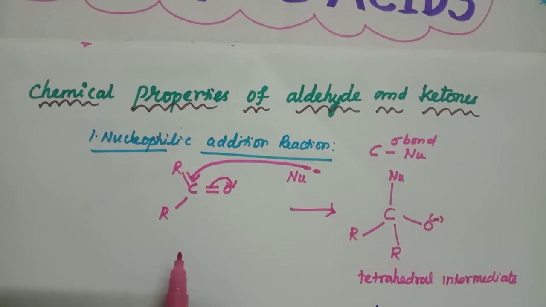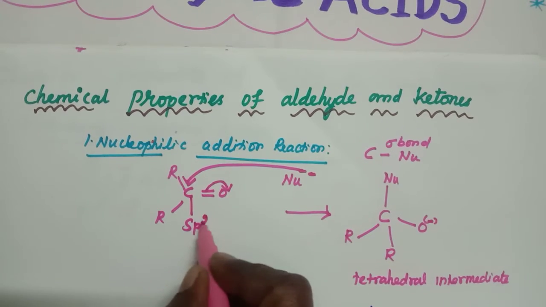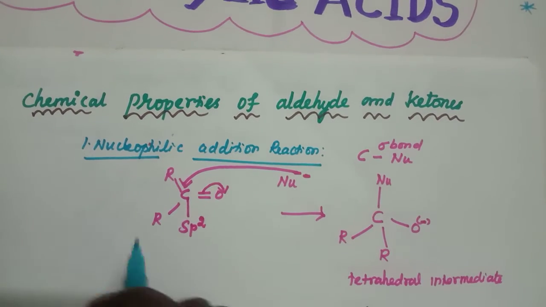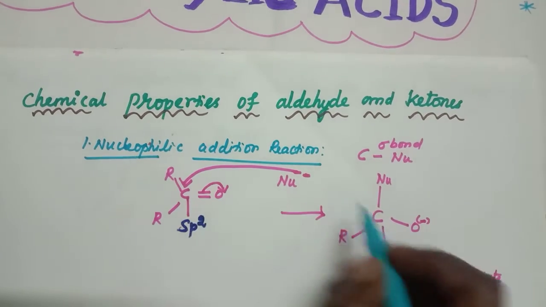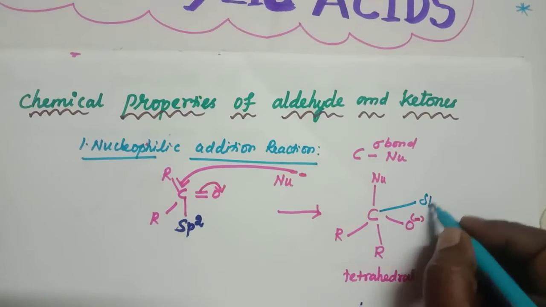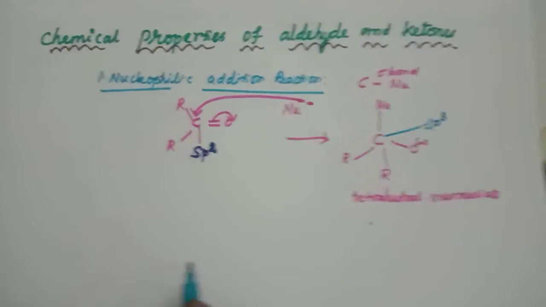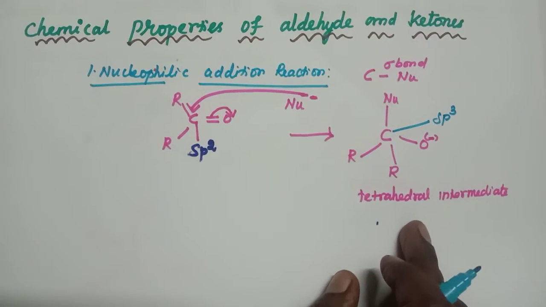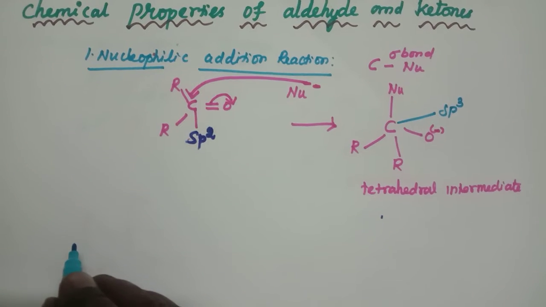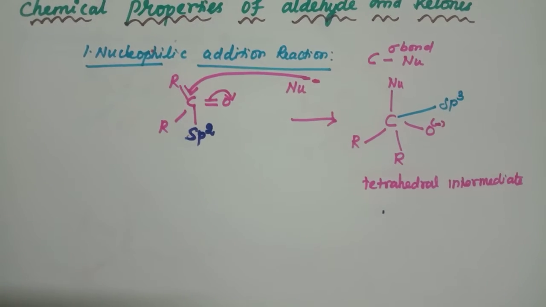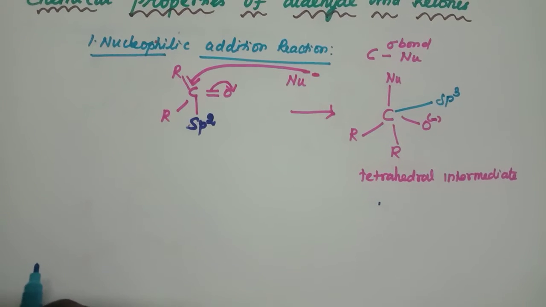During this reaction, this sp2 hybridized carbon changes into an sp3 hybridized carbon. Now this tetrahedral intermediate can be protonated by using an acid or by water.